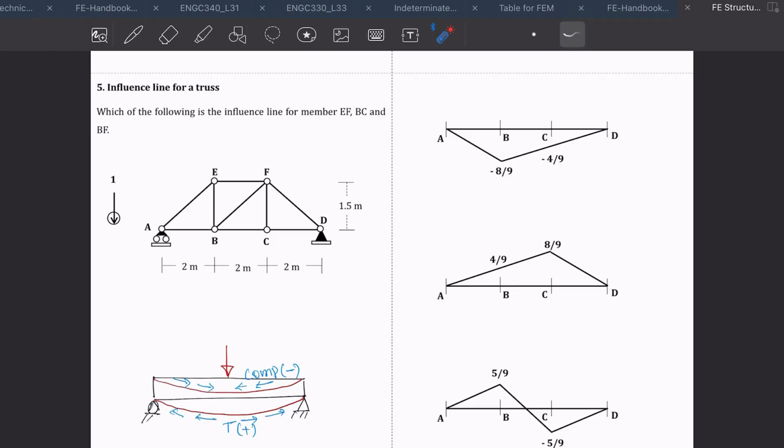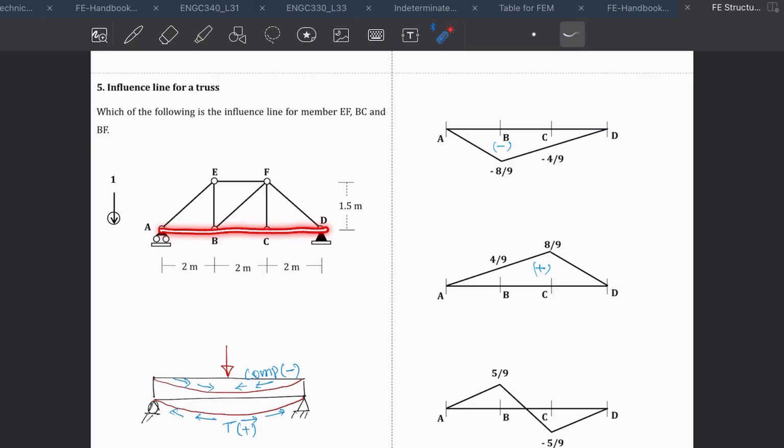So you know that the bottom chord will always be in tension, and the top chord will always be in compression. This is because this is the original undeformed section, and anything below will be negative and anything above will be positive. From here you can tell which one is positive and which one is negative.